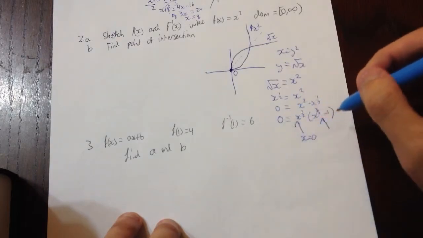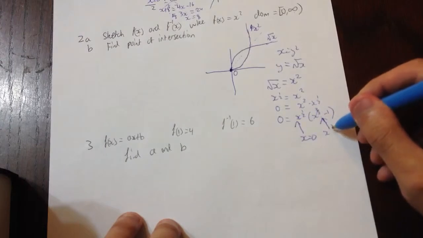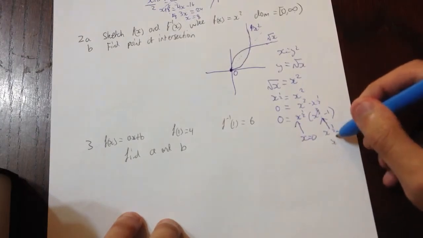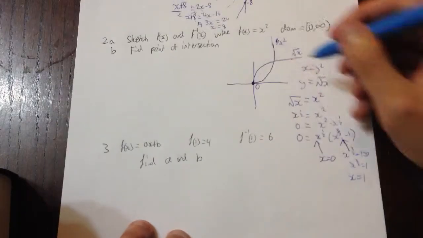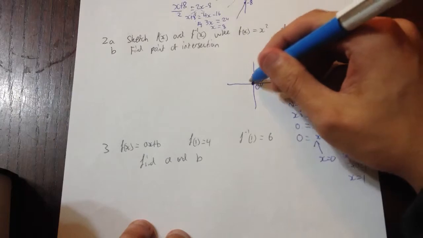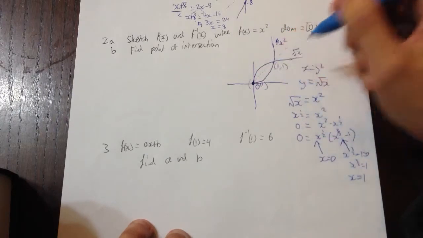This equals 0 implies x equals 0. This equals 0 implies x to the 3 on 2 minus 1 equals 0, or x to the 3 on 2 equals 1, or x equals 1. So the 2 points are 0, 0 or 1, 1.